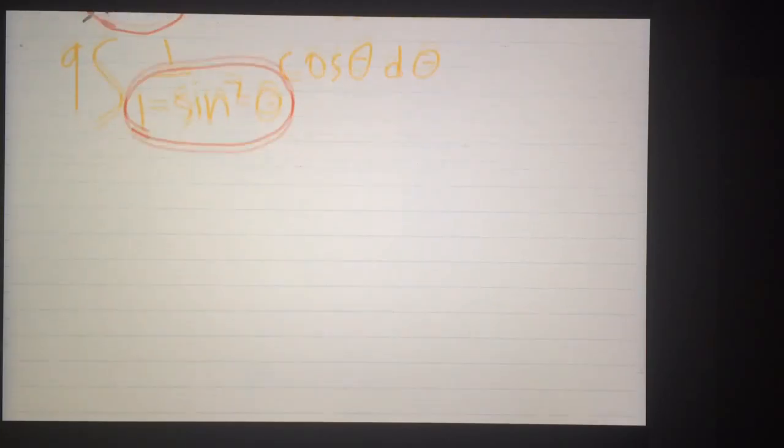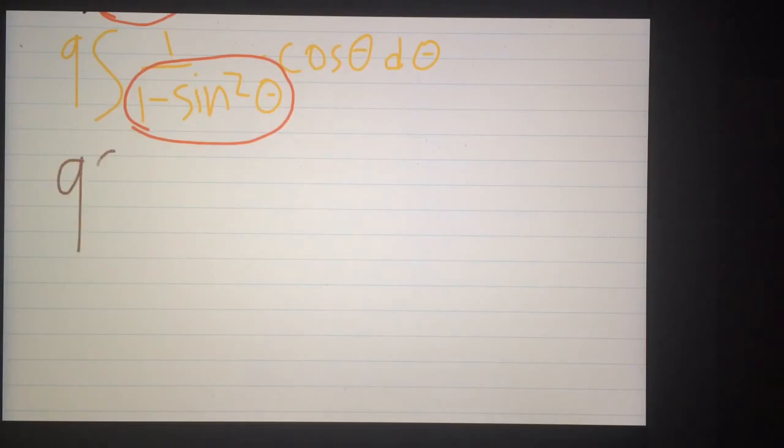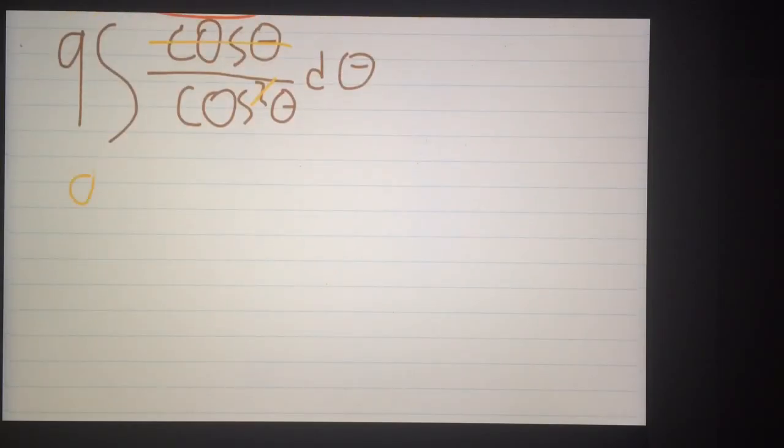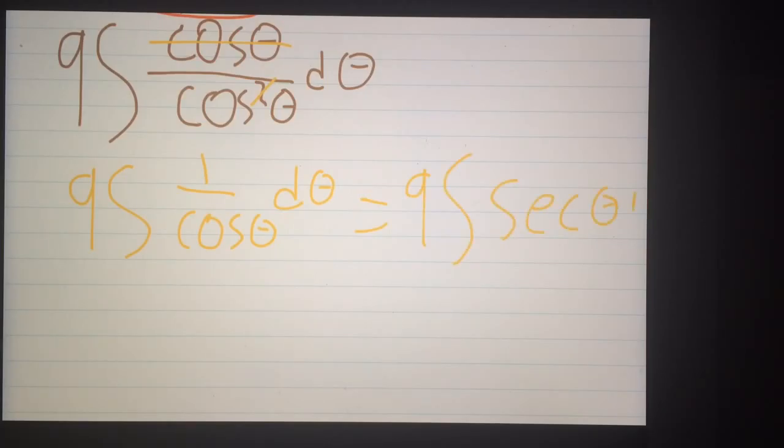So we can rewrite it again. 9 integral of cosine theta over the square root of cosine squared theta d theta. Well, that's really easy. Now we can just cancel the square, and we cancel this out. Simplify yet again. 9 integral of 1 over cosine theta d theta just equals 9 integral of secant theta d theta.